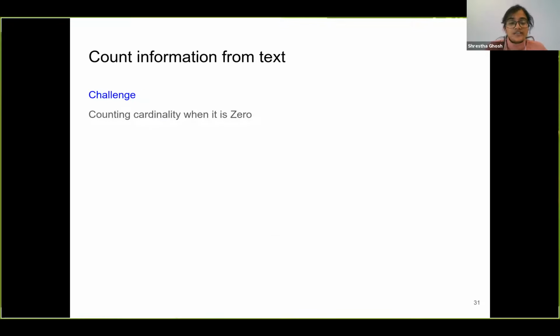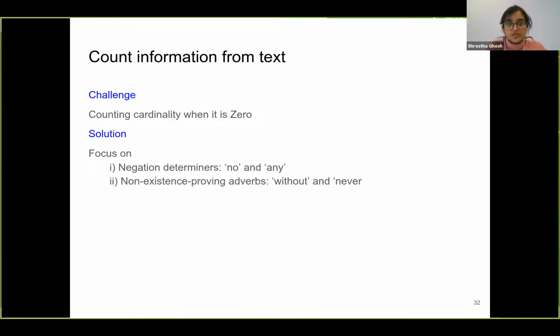Another challenge is to go after counting cardinalities when it's 0 or the negative ones. So one way to tackle this is to do some kind of feature engineering. So you look at negation determiners like no or any. Someone had no children, and so on, or an author did not write any books, which is weird.